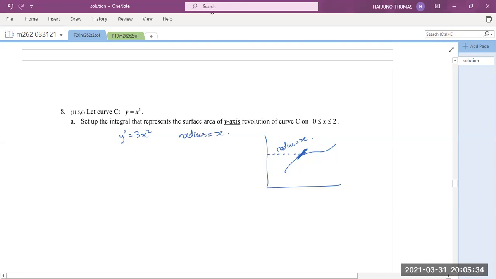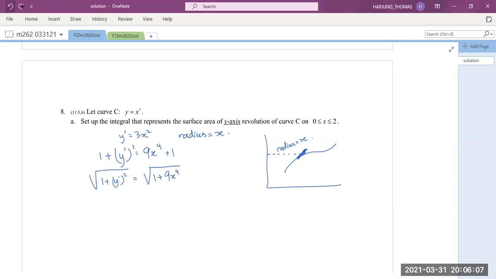Okay, so give me a second. So y prime squared is 9x to the fourth. If I add 1, it will be plus 1. So the ds will be square root of 1 plus 9x to the fourth dx.